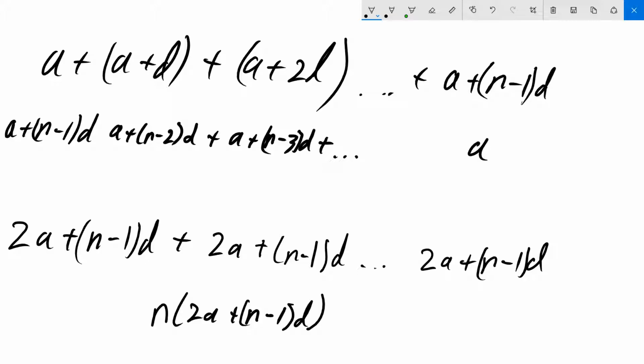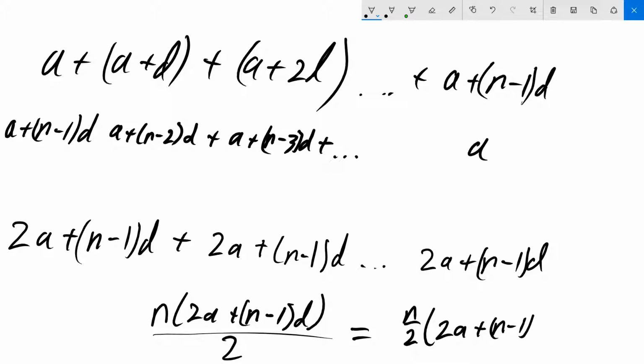But remember, that's double what we actually want, so we just divide it all by 2. So we get n divided by 2 lots of 2a plus n minus 1 d, and that's our formula.